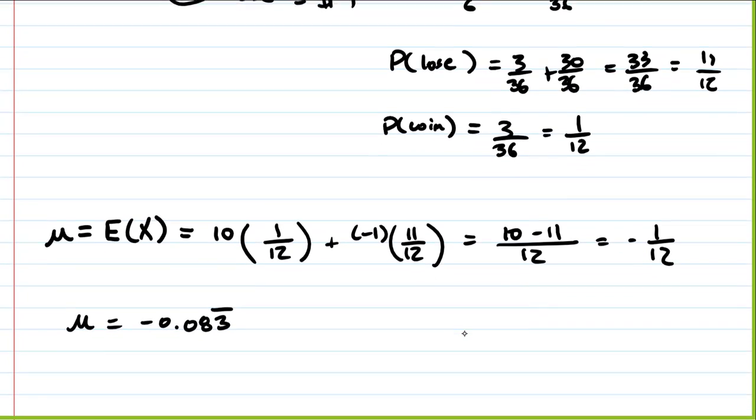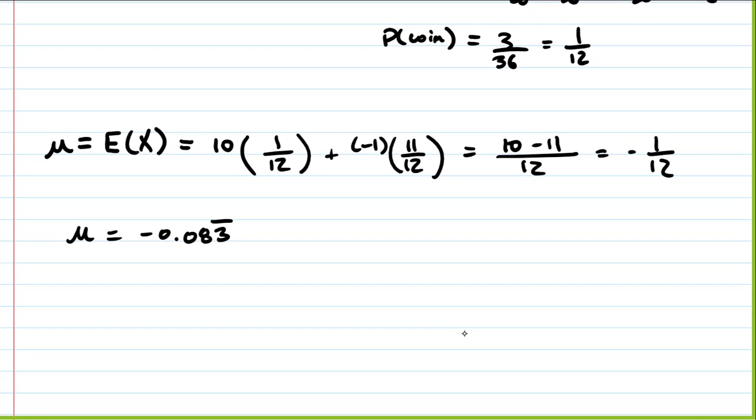So this is exactly how casinos make money. All of their games have a negative expected value. So while there are people who do win money, on average, that's why they just want people out there playing. That's why they give people free stuff to just show up. Every time they pull the slot machine handle, they're losing, say, a tenth of a cent, or whatever the expected value is.